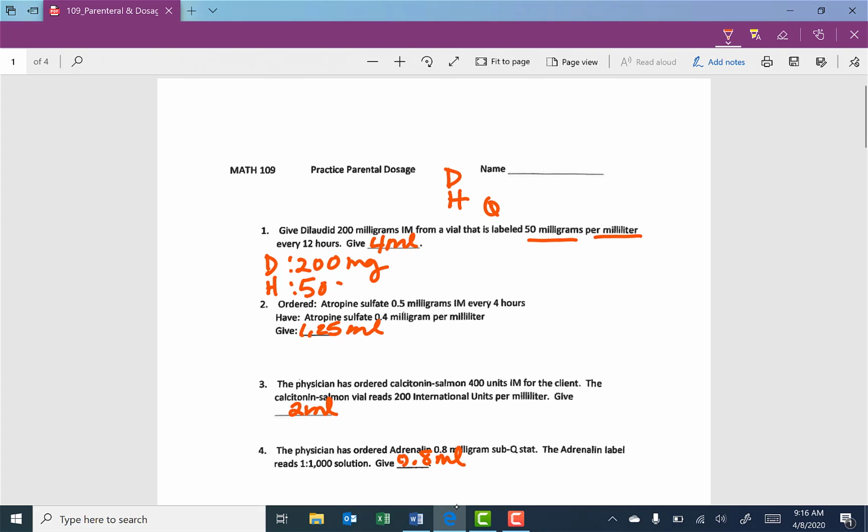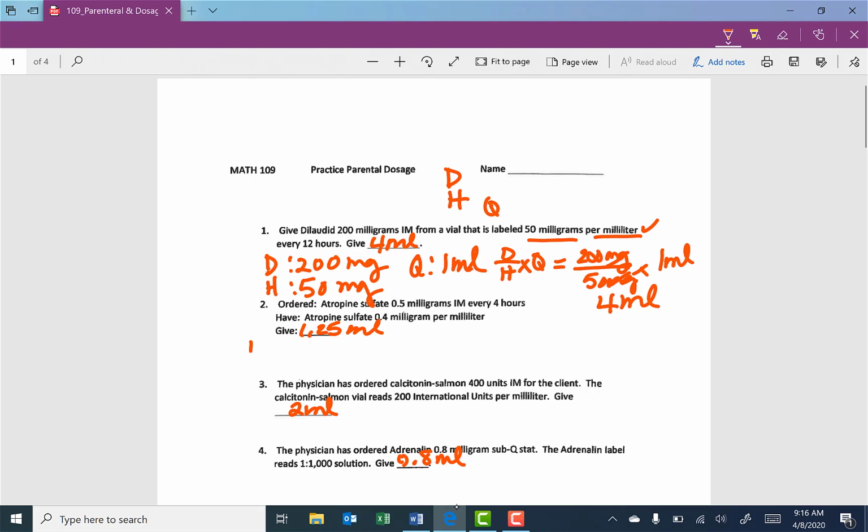So we have 50 milligrams, and our Q is 1 milliliter. D over H times Q equals 200 milligrams over 50 milligrams times 1 milliliter. And you're going to then get 4 milliliters.